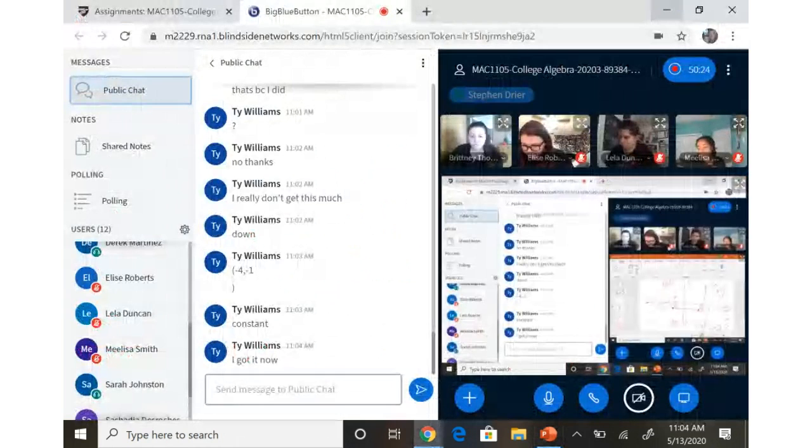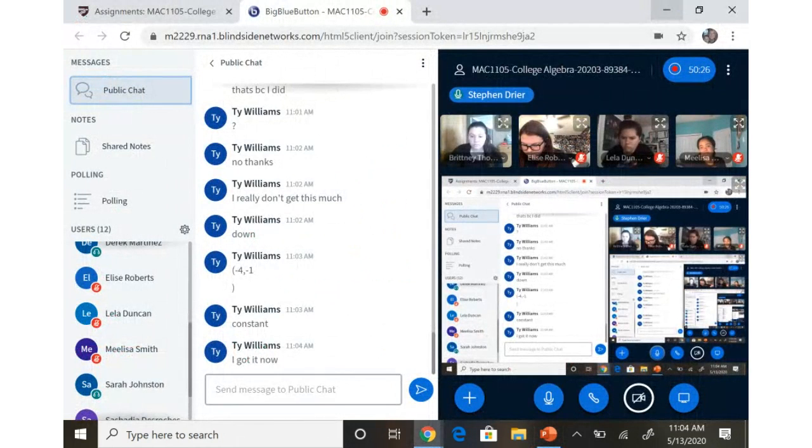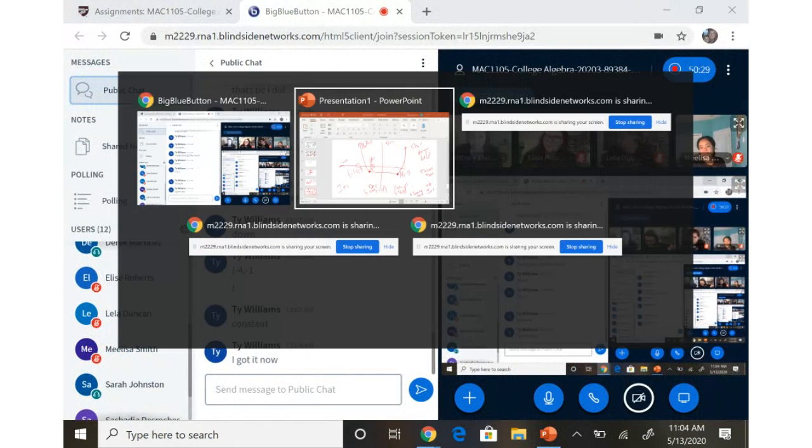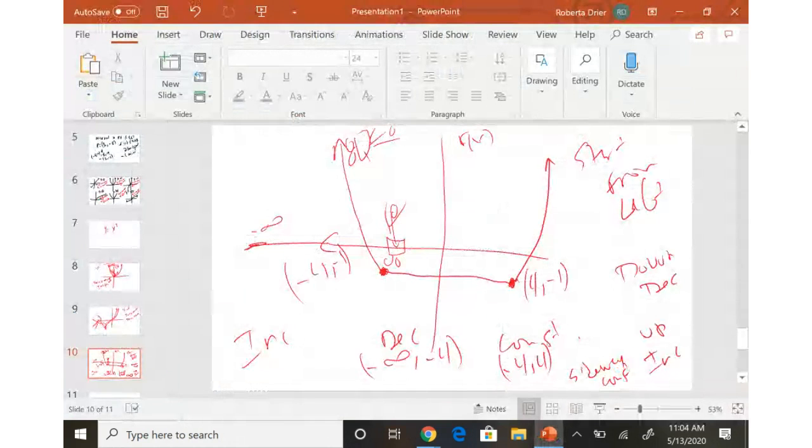When's it increasing? Once I get to 4, I start going up the hill, yes? And so we're increasing from 4 to infinity.